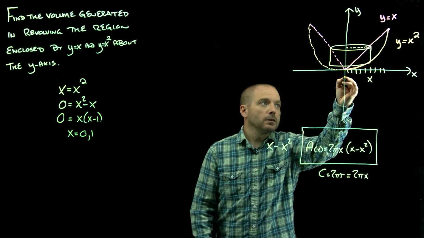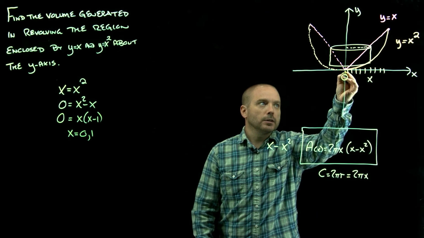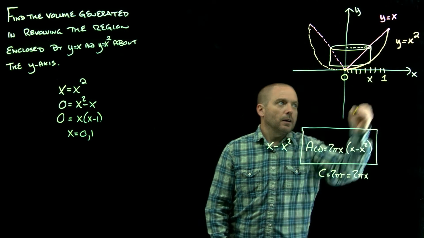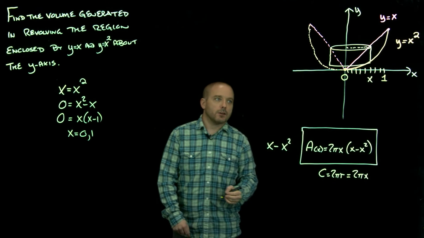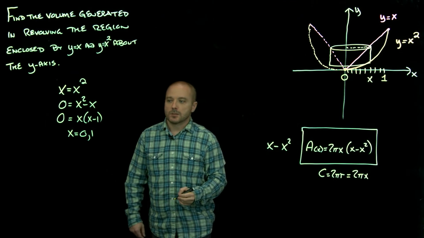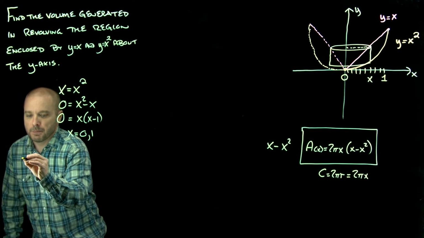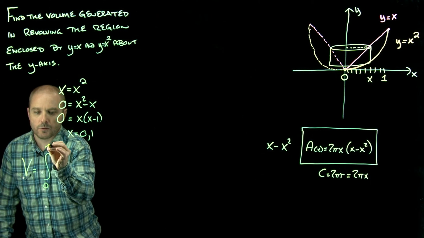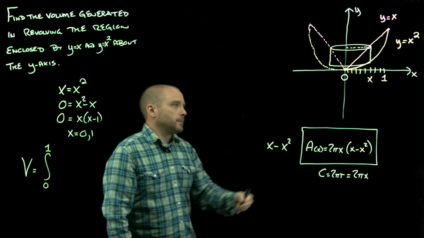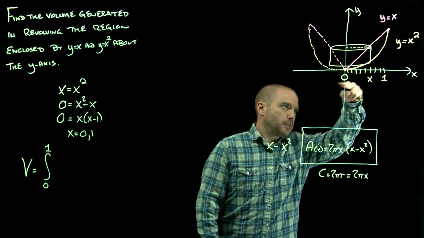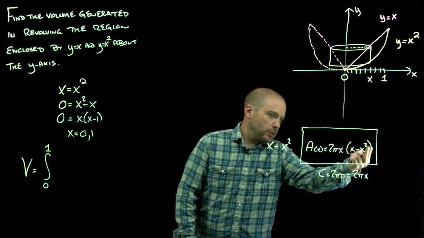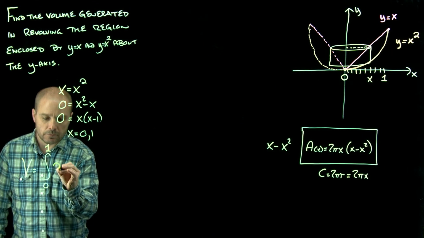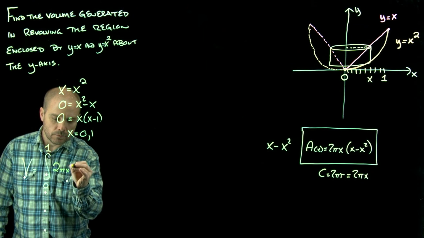So we found the obvious one, that they do intersect there at the origin, and they intersect there at x equal 1. So our volume is the integral from 0 to 1, that's the interval of x that we partitioned, and we're just integrating up this area.